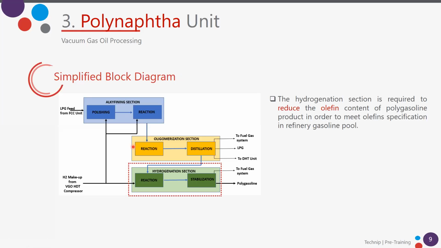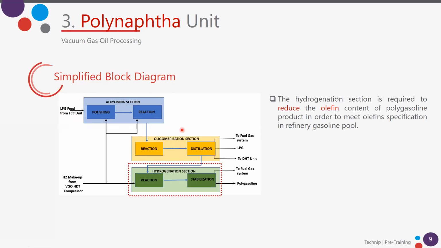So remember, we have three sections: alkylation, oligomerization, and hydrogenation. In this alkylation section, we will treat the feedstock in order to remove the contaminants that will poison the catalyst of this section. Okay?